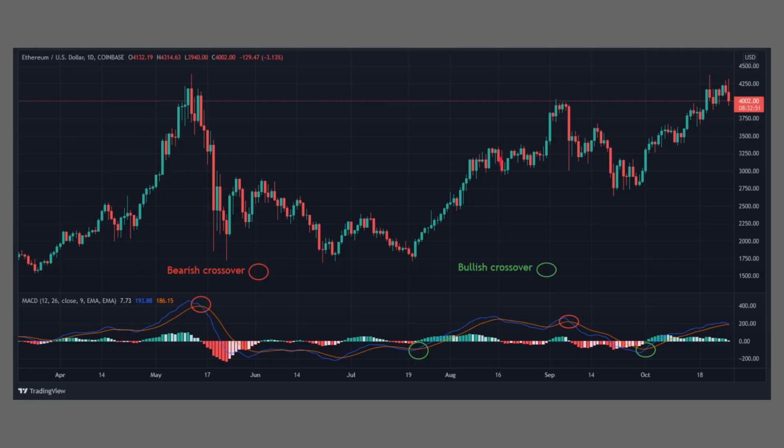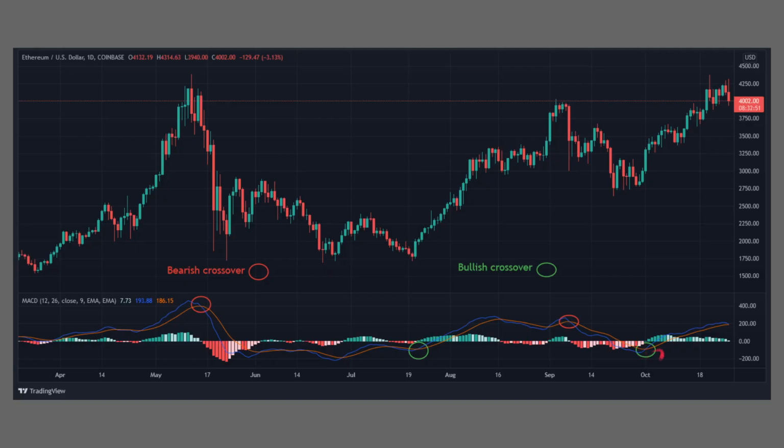Price at this point came to about 3,200, right, or even 3,000. So that would have been a very successful trade. Even just buying here, and selling here when we saw the bullish crossover with the MACD line, and then the bearish crossover here, that alone would have been successful.